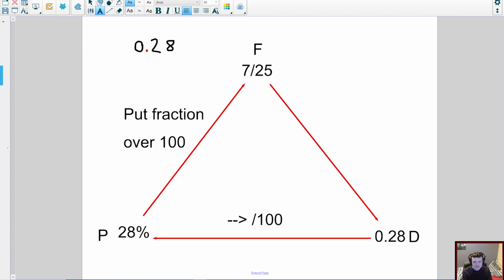To get back from a decimal to a fraction, we have to know a certain amount of things about place value. If we consider our 0.28 here, what places have we actually got here? Well, starting here we have units. Well, what's to the right of units? That's our tenths column. And to the right of that is our hundredths column.